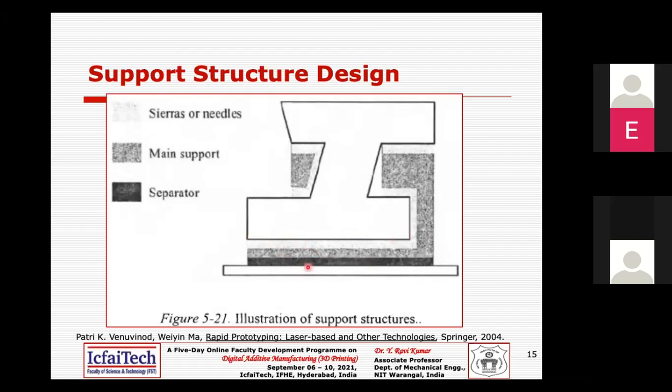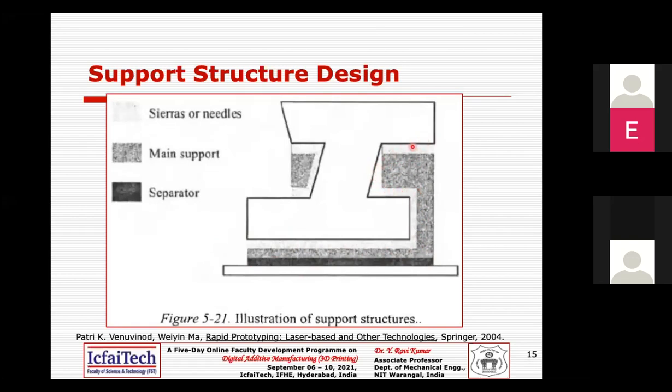You will give a certain number of layers initially with the support material. Normally that is referred to as a separator kind of support, and then you have a main support. The main support never directly contacts the model. But you have the third kind of support, called a CRA or needle kind of support, where it has direct contact with the model.